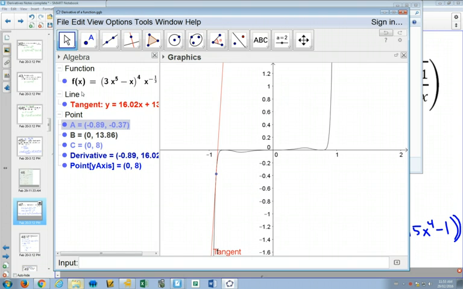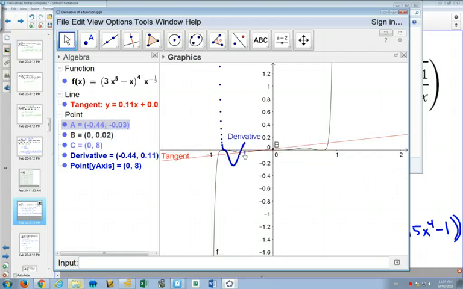Okay, you wanted to see what that function looked like. There it is. It looks like a cubic kind of function that had some spazzes in between there. And if you want to see what we found, the derivative, we can drag this point along here.